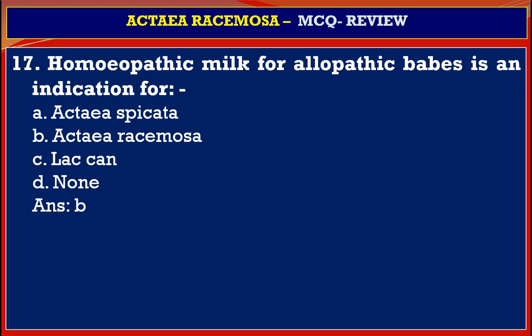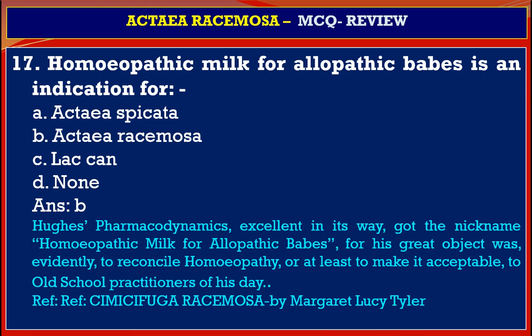We have answer B. Actaea racemosa, and the reference is Hughes Pharmacodynamics, excellent in its way, got the nickname homeopathic milk for allopathic babes, for his great object was evidently to reconcile homeopathy or at least to make it acceptable to old school practitioners of his days. And the reference is Cimicifuga Racemosa by Margaret Lucy Tyler.